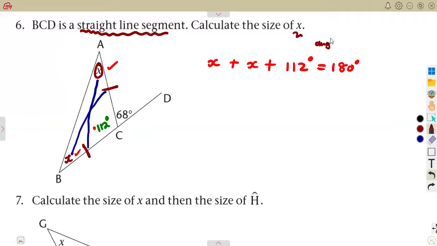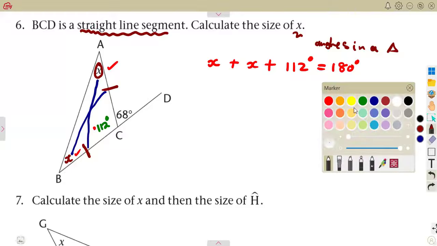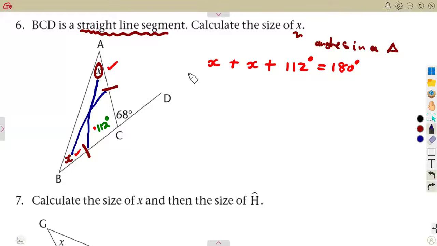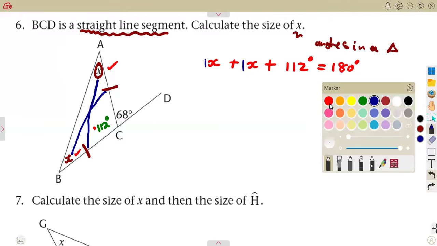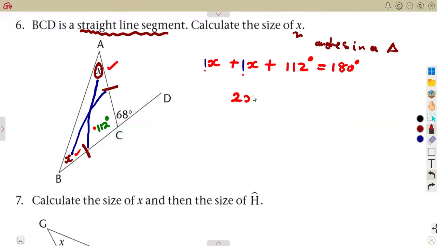All right, so there we have angles in a triangle. We have formed an equation that we must solve for x. We are back to our equations. So remember, x simply means this is 1x and this is also 1x. So we can add 1 plus 1, which is 2x, plus 112 degrees is equal to 180 degrees.